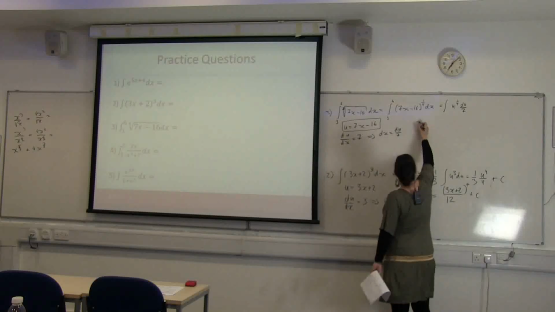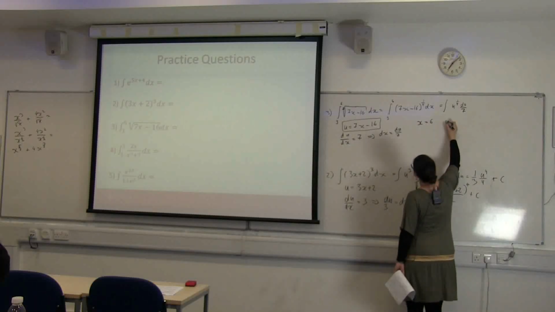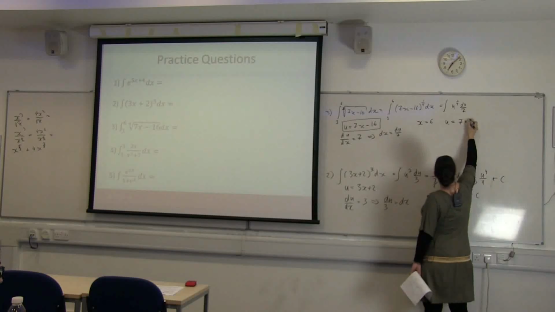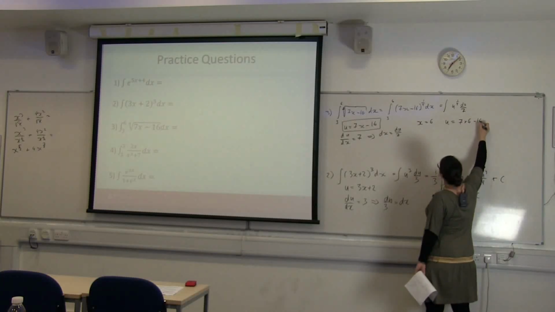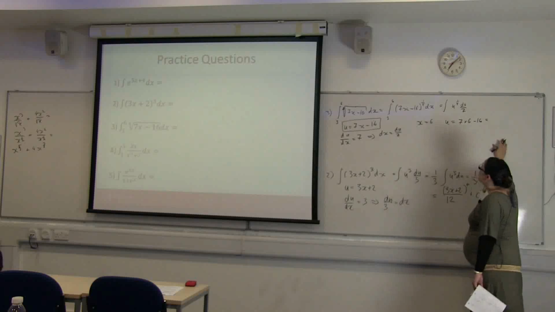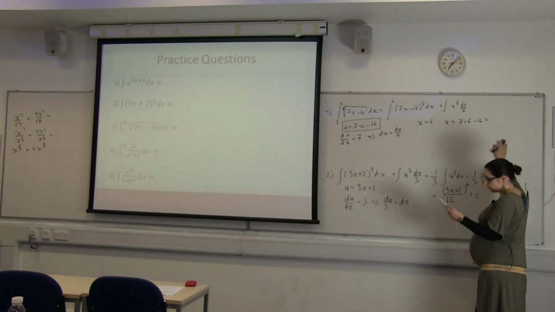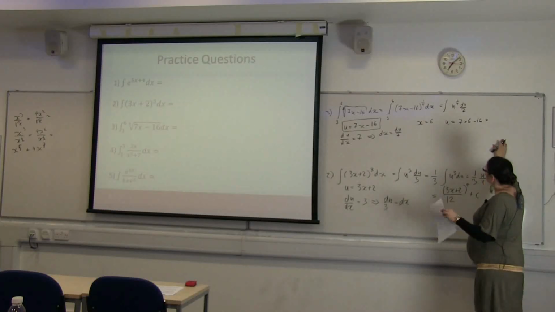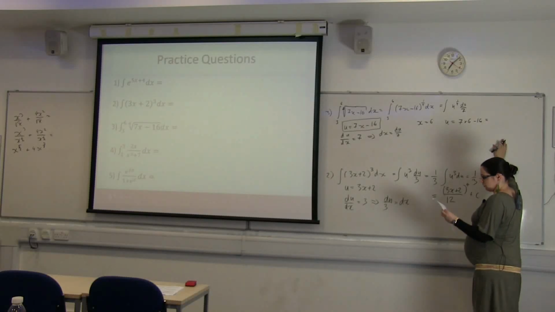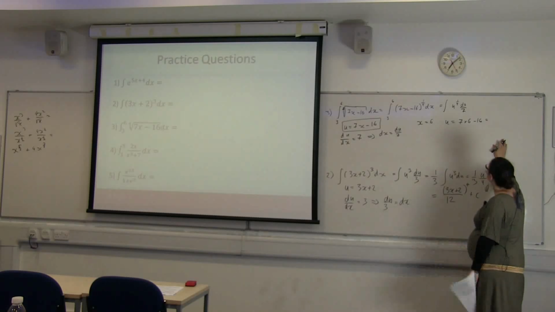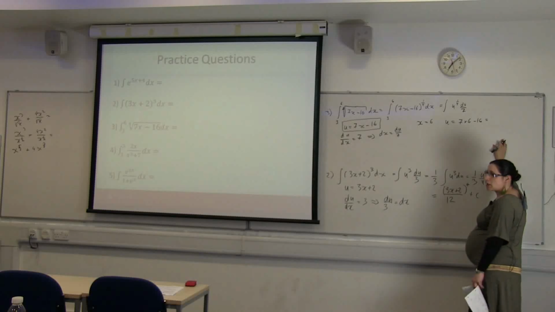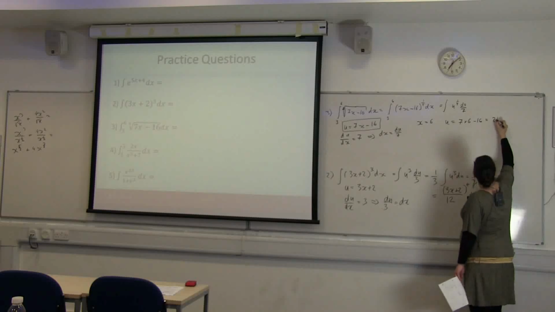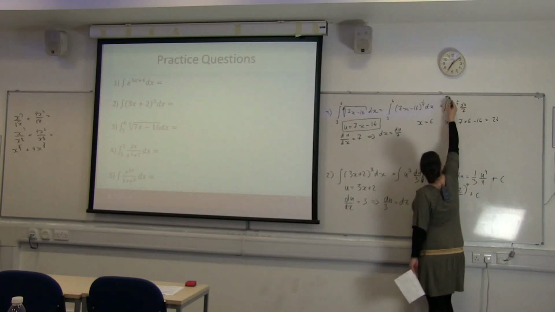So when x was 6, u will be 7 times 6 minus 16. I'm not going to cheat, because I made a mistake in my calculation. So 42 minus 16 is 26. So the upper limit is 26.